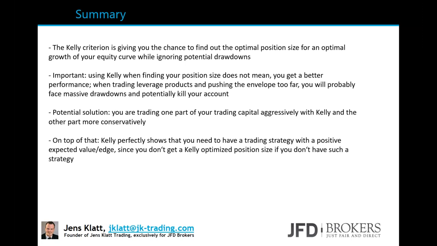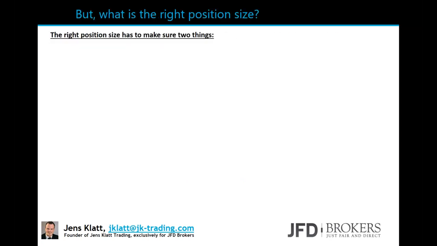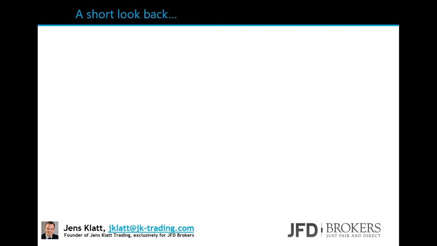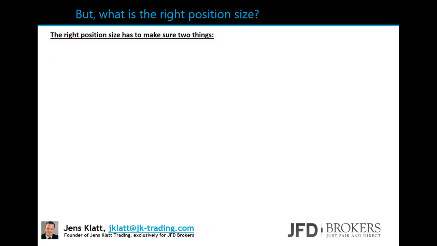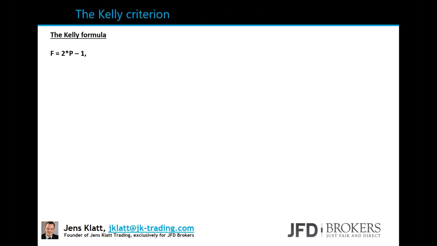And on top of that, Kelly perfectly shows that you need to have a trading strategy, which I already mentioned, with the positive expected value or edge, since if you don't have this, you're not getting a positive result. This is something you probably may have seen already. So what we did was, we already had a look at this.